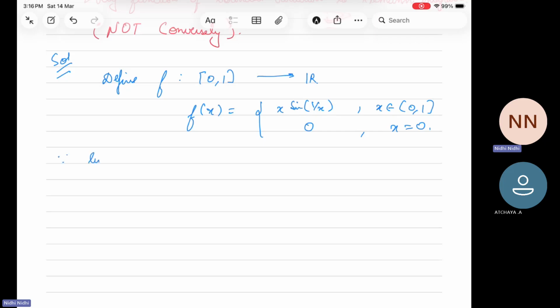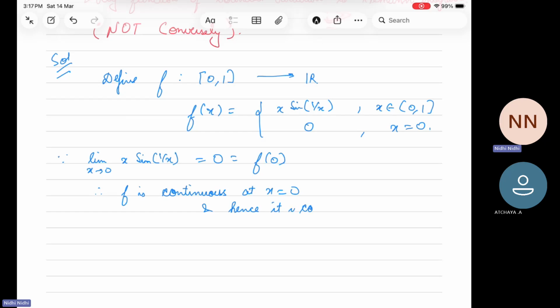Since the limit as x tends to 0 of x sin(1/x), you can easily prove using standard methods, is equal to 0, which is equal to f(0), therefore f is continuous at x equal to 0. Otherwise it's just x sin(1/x), so we do not have any issue. So it is continuous in the whole domain, the closed interval [0, 1].